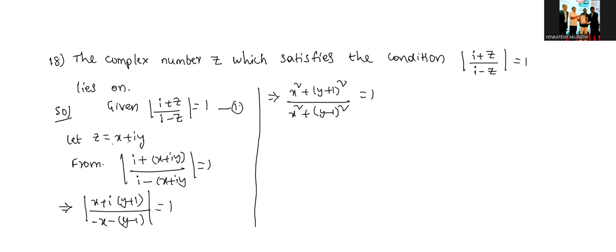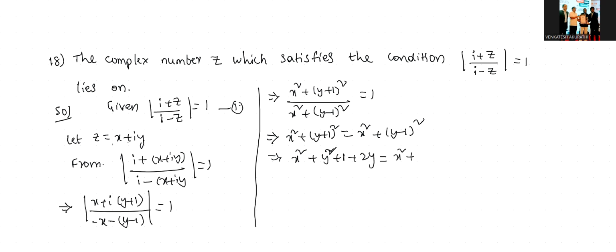So here I have squared, then take the cross multiplication: X square plus (Y plus 1) whole square is equal to X square plus (Y minus 1) whole square. Using the formula (a plus b) whole square, a square plus b square plus 2ab, and (a minus b) whole square, a square plus b square minus 2ab. X square, Y square, 1, 1 cancel. That implies 4y is equal to 0. From this equation, y is equal to 0.